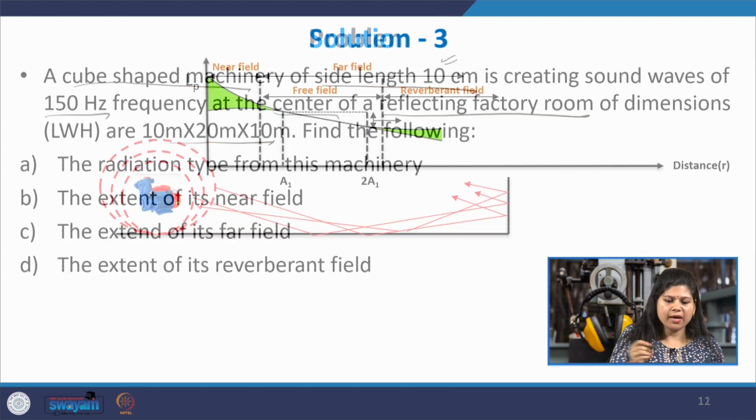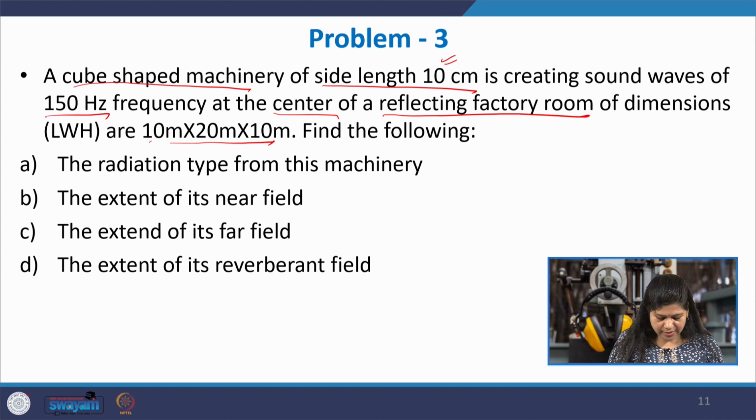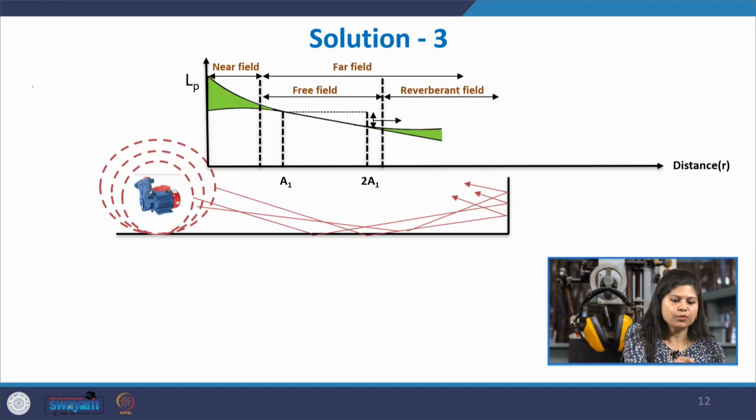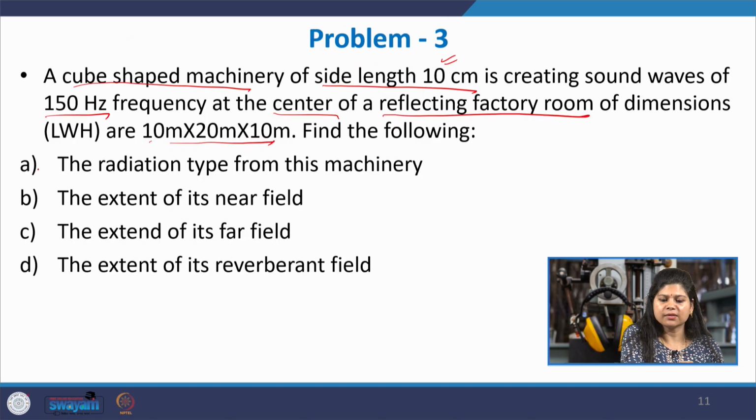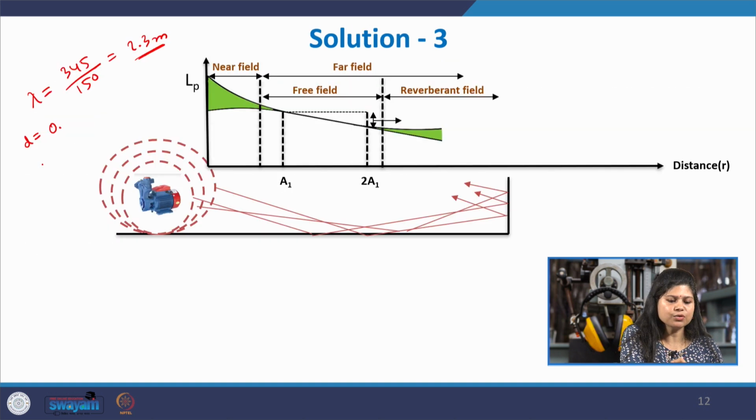The machinery is 10 centimeters, and the dimensions we are measuring are all in meters. Let us see the wavelength corresponding to 150 hertz. The wavelength lambda is 345 by the frequency 150, which is approximately 2.3 meters. The small d, which is 10 centimeters, so 0.1 meters, is much smaller than lambda.